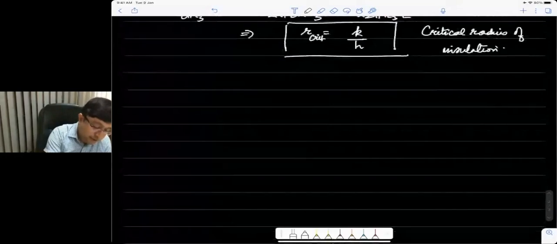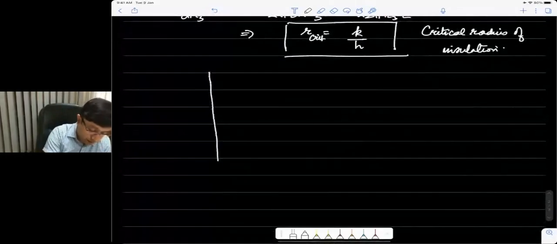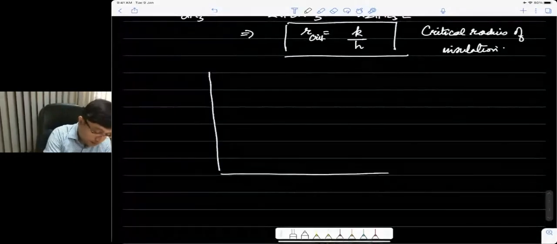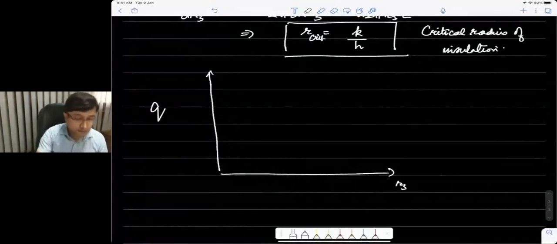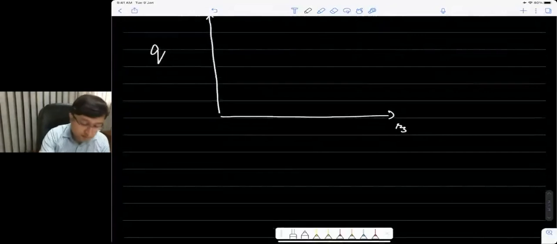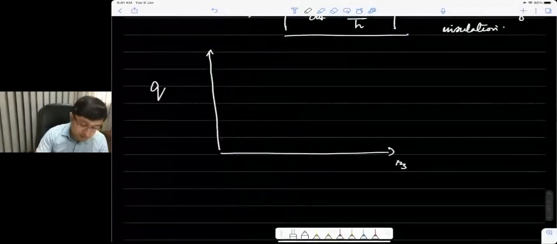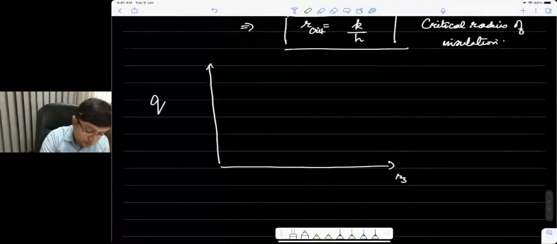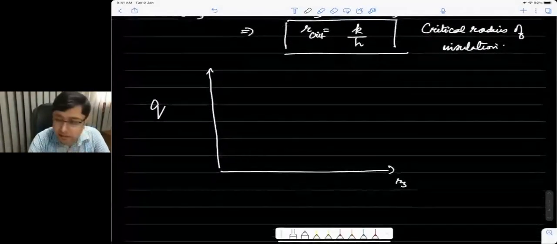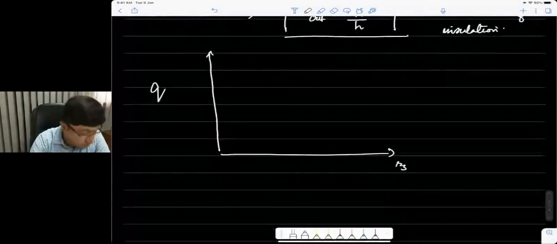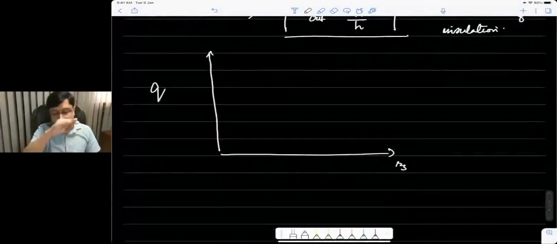Qualitatively, if you plot the heat transfer rate versus R3, remember the minimum value of R3 is equal to R2, because that is the surface of the cylinder.